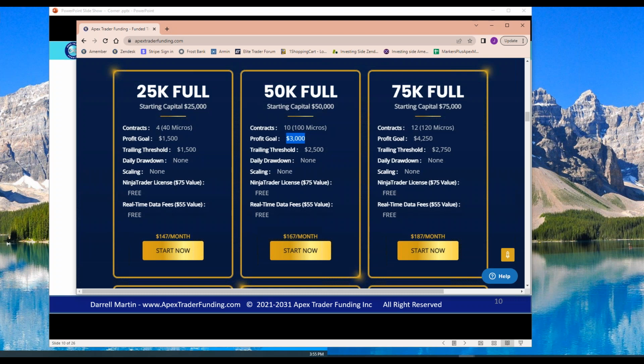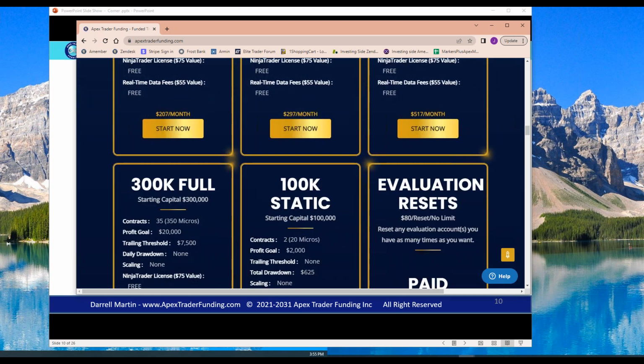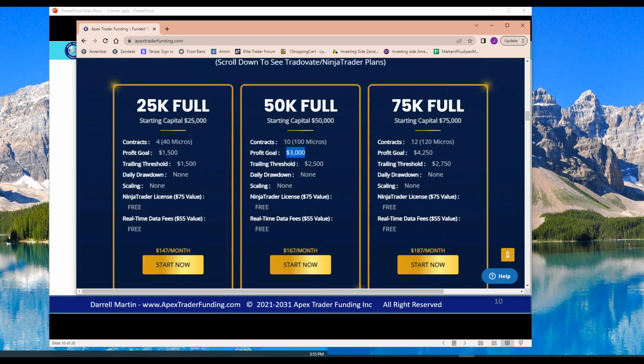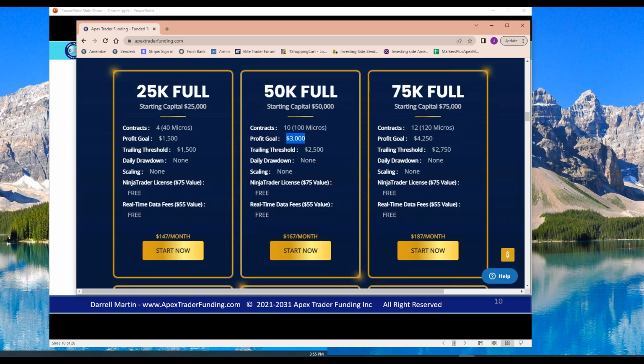Let's see here. Somebody asks, what is the sweet spot in here? What is the best account? Marcus touched on this a little bit, comparing some of the profit goal requirements to the threshold.